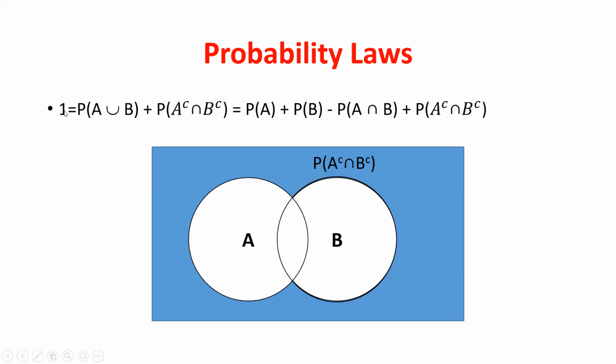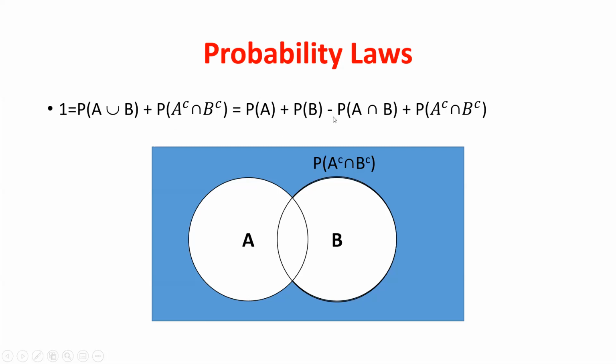Okay? From there, I know that I can rewrite the probability of the union as the probability of the 2 events minus their intersection. So if I substitute in what I already know for how I can rewrite that union, I know that this equation, these 4 components, also has to add up to 1. Okay?